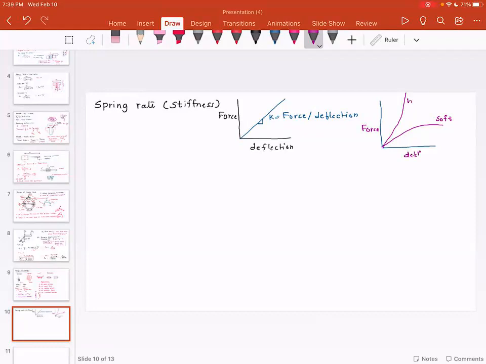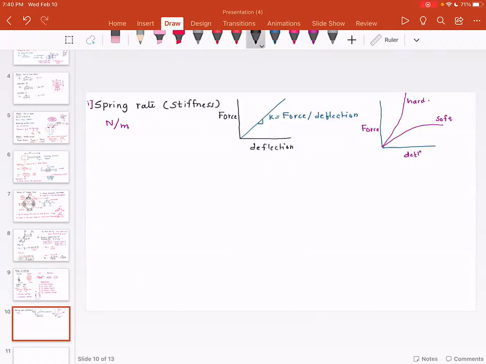Or you could have a hard spring. What it means is, as you start increasing the deflection, it is harder to deflect the spring. So it's difficult to compress it after a certain limit. The unit of spring rate is usually Newton per meter. So that is the first important parameter.